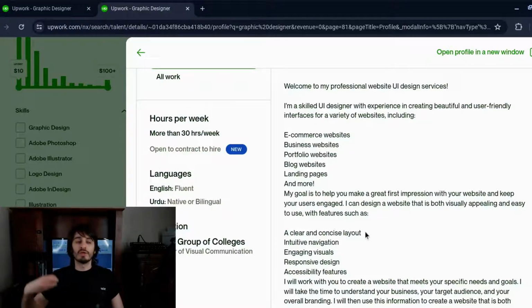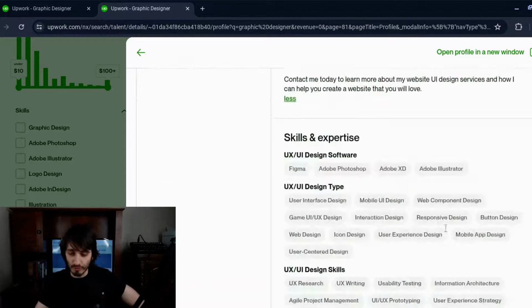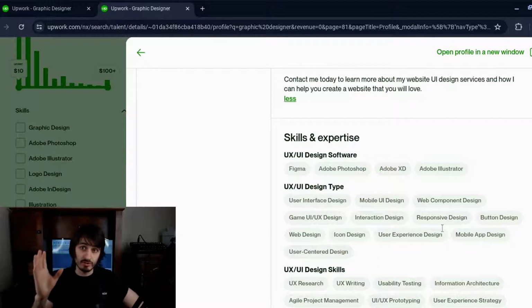And so what they do is that they go on your profile and they look at your portfolio to reassure themselves that you are as good as they hope, right? And if you don't have a portfolio, I understand it doesn't mean that you're bad. But what happens is that some of your competition do have a portfolio.